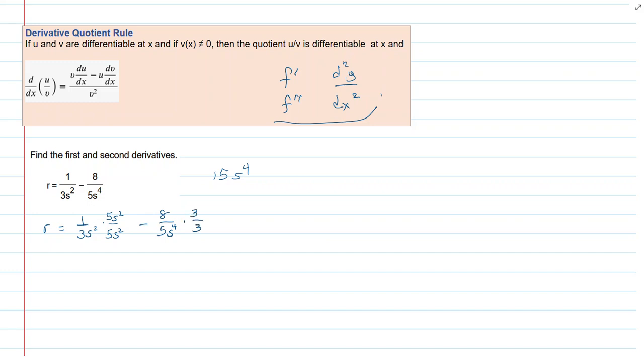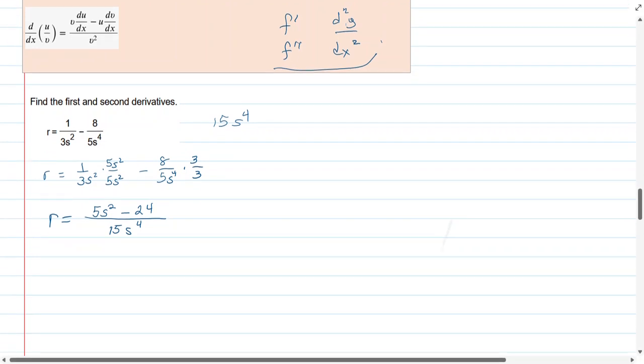We're looking for a common denominator of 15s to the 4th. We're not changing anything, making a common denominator. Is everybody good? Everyone okay? Alrighty then. Here we go.